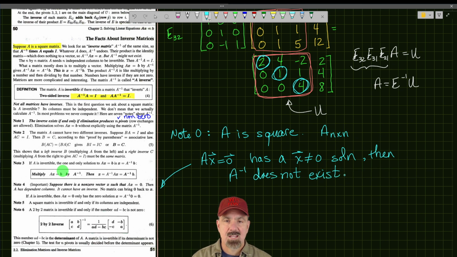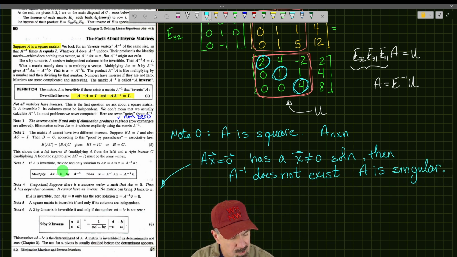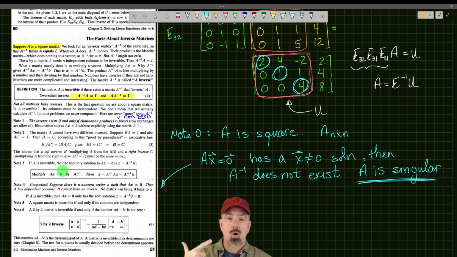Okay. A inverse does not exist, which means that A has linearly dependent columns. The term that we use here, we say A is singular. That is the vocabulary word associated with the fact that A inverse does not exist. So A is either invertible or it's singular. Those are the two options when A is square.